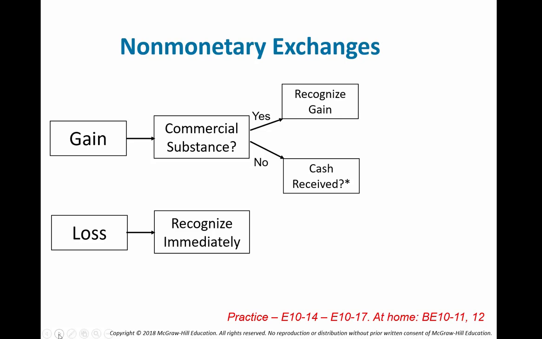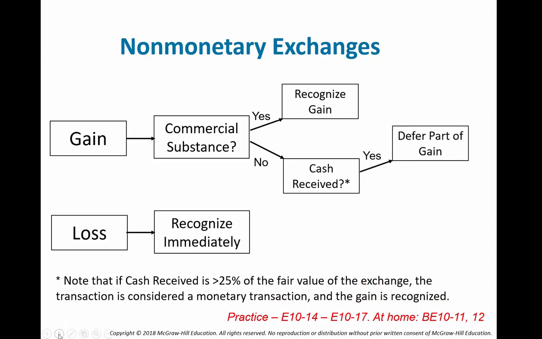Then we have to ask ourselves, was cash received? If cash was received, then we're going to defer part of the gain and recognize part of the gain. If cash was not received, then we just defer all of the gain, so we're not going to recognize any of the gain at all.